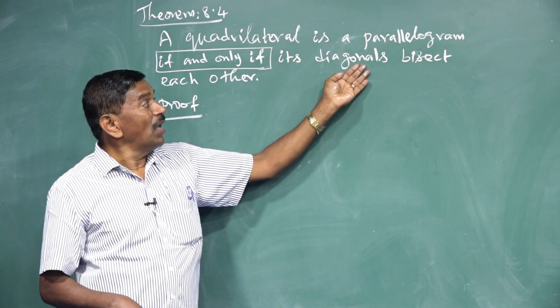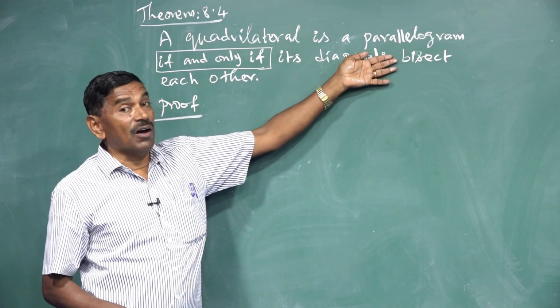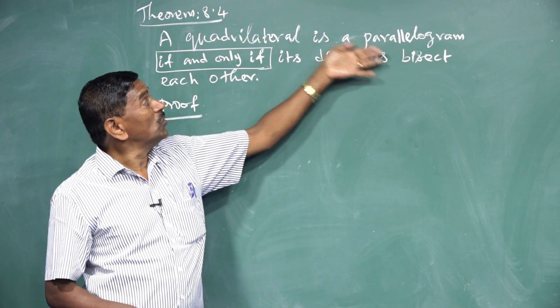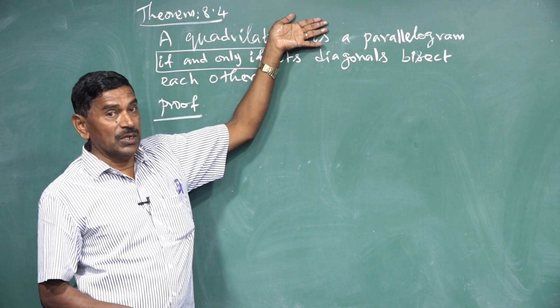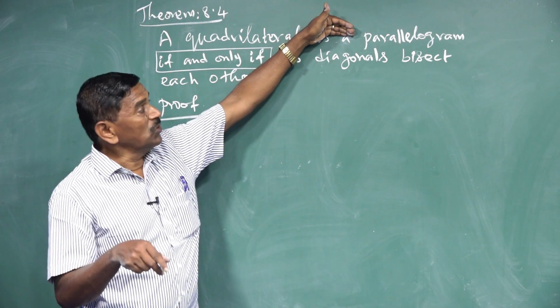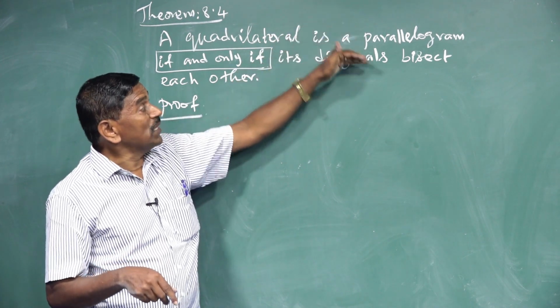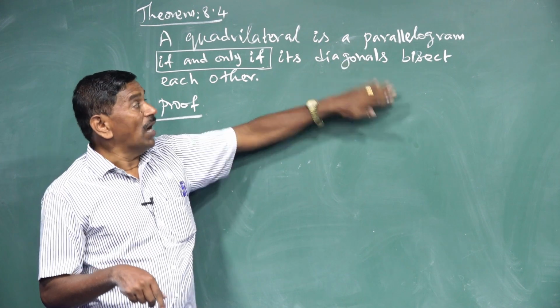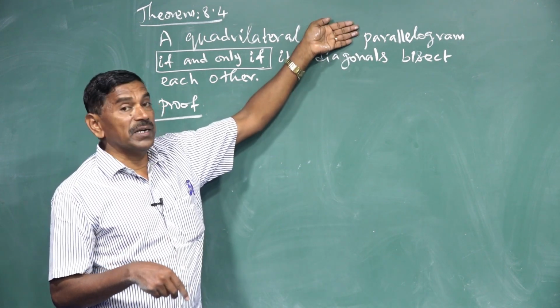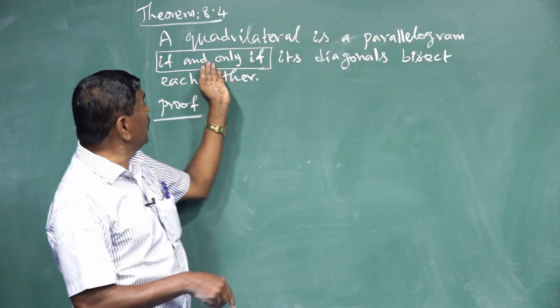Conversely, assume that the diagonals of a quadrilateral bisect each other, then we want to prove ABCD is a parallelogram. So it is our aim to prove. That is the meaning of if and only if.